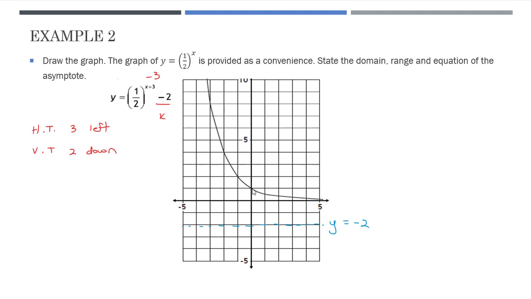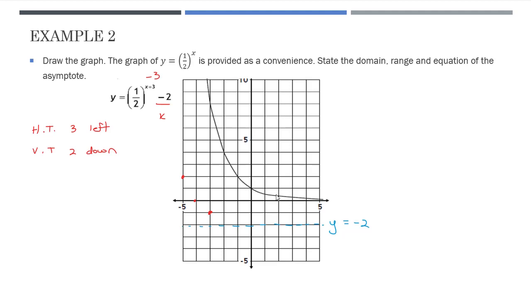So I'll start again a nice little point of 1, so 3 left, so 1, 2, 3, 2 down, 1, 2. And I'll go to my next point that looks nice right here, so 2 down, so 1, 2, 3 left, 1, 2, 3. And then we've got again 2 down, 1, 2, and then 3 left, 1, 2, 3. That's going to be off the graph at this point.